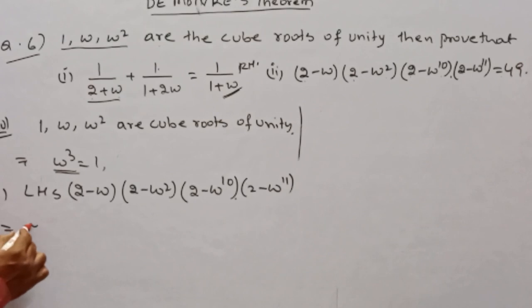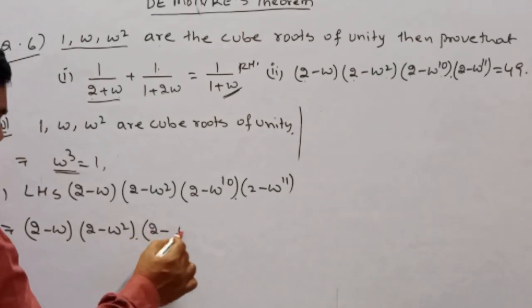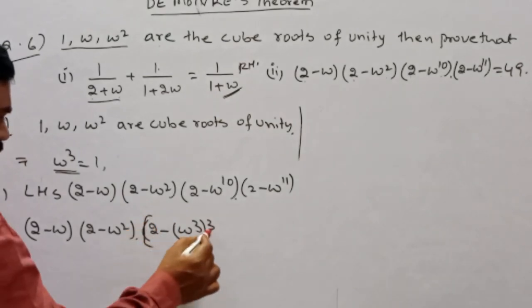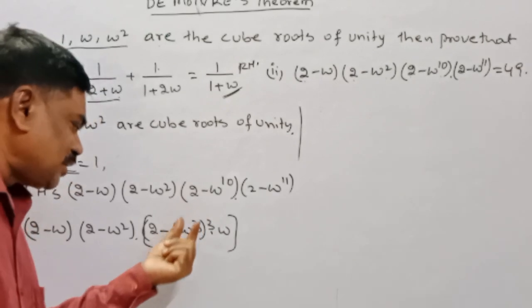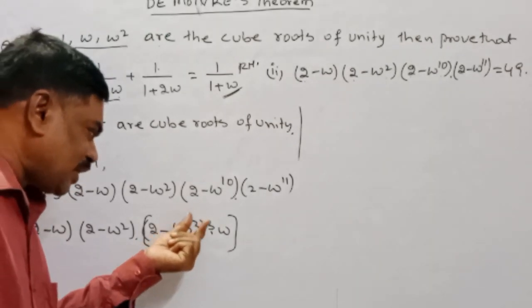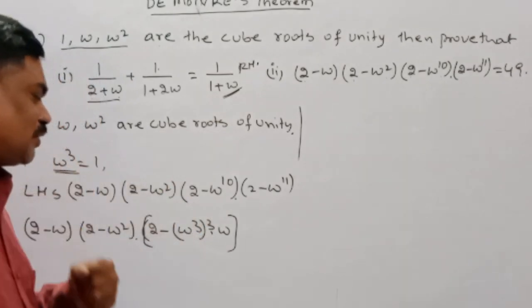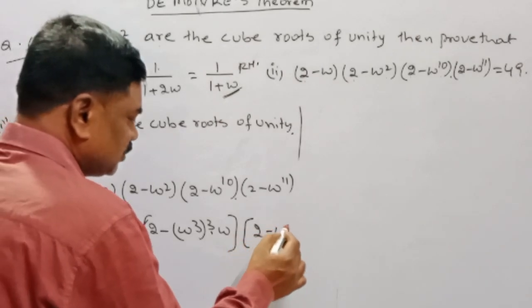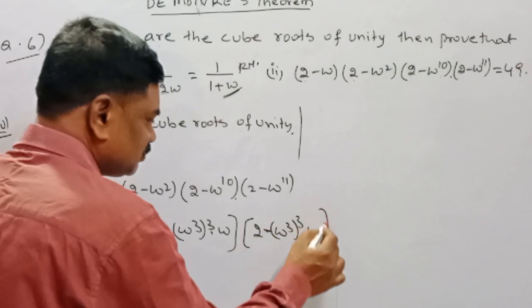So this is (2 minus omega) into (2 minus omega square) into (2 minus omega cube whole power 3 into omega). Omega power 10 can be written as omega power 9 into omega, and omega power 9 is omega cube whole power 3, into omega. This is (2 minus omega cube whole cube into omega square).